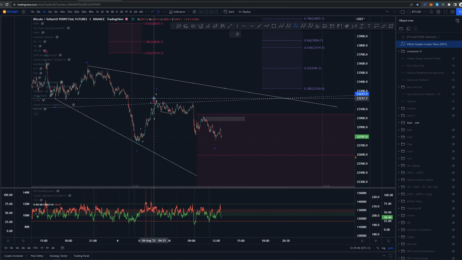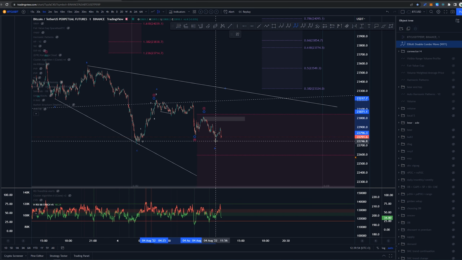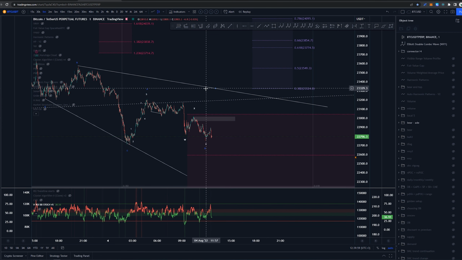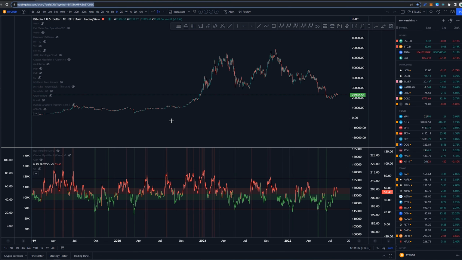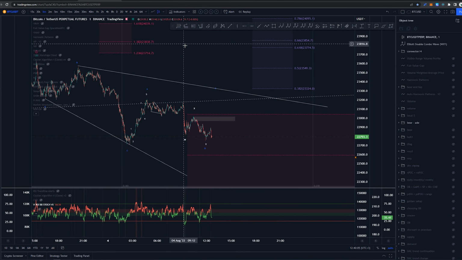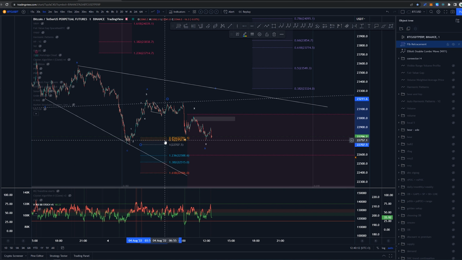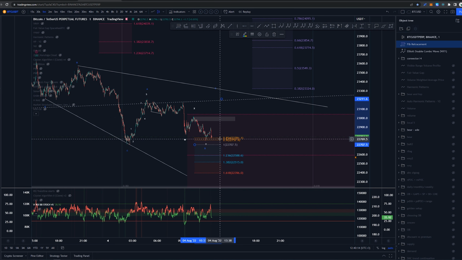So let's do that as a 3-wave, 3-wave, 3-wave, and then yeah, something like this. Again, we're running out of degrees here, and now that we retraced 90% basically off of this first move, we can see that here, 0.9.